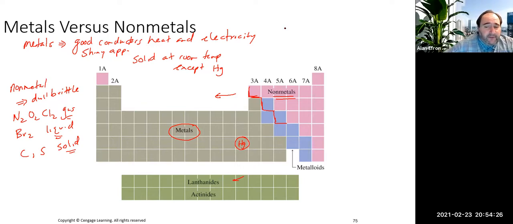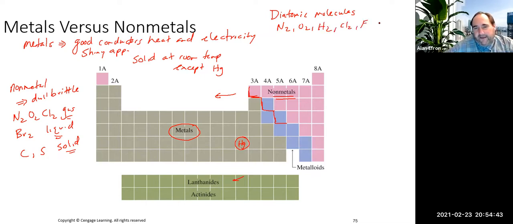Also, our nonmetals is where we find a lot of our diatomic molecules. Diatomic molecules basically means that there are 2 atoms there, and that is nitrogen, oxygen, hydrogen, chlorine, fluorine, iodine, bromine.